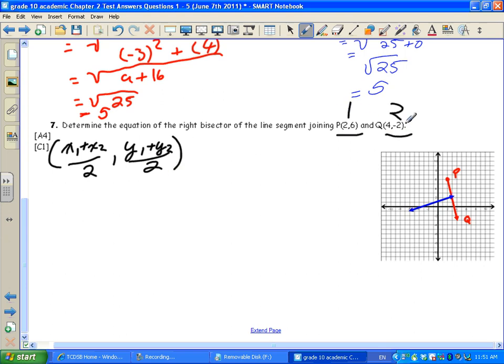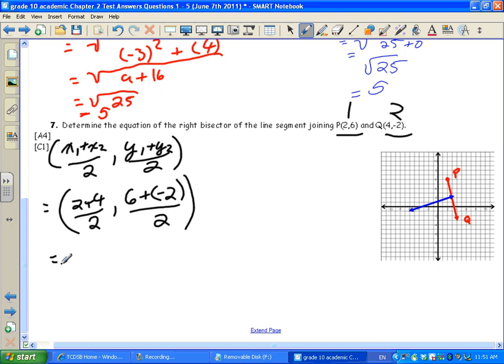We'll call P1, Q2. x1 is 2. x2 is 4, so we have 2 plus 4 divided by 2 is going to be our x-coordinate of the midpoint. And y1 is 6, and y2 is negative 2. So it's 6 plus negative 2 divided by 2. 2 plus 4 is 6 over 2. 6 plus negative 2 is 4 over 2. Our midpoint is 3, 2.